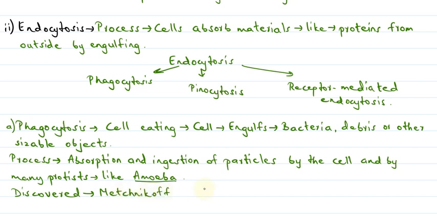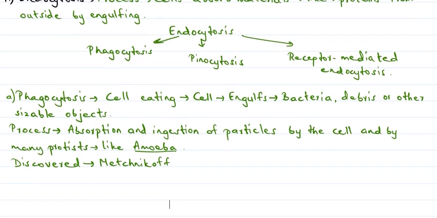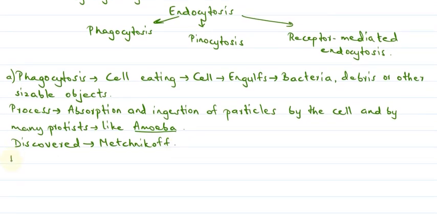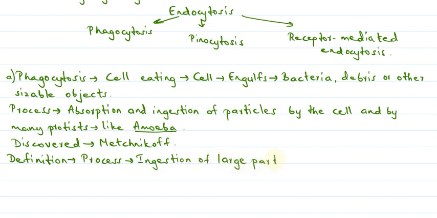How can we define phagocytosis? It is a process of ingestion of large particles by engulfing.